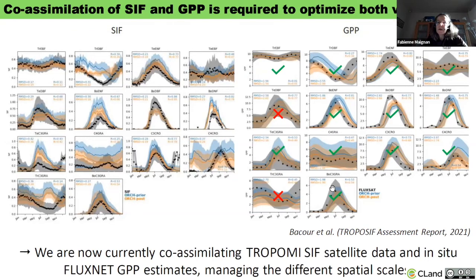We now only have a degradation on GPP for 2 of the PFTs, and we have a nice GPP, and it's not degrading the SIF performances. So what we are now doing, in fact, is assimilating SIF satellite data with in situ FluxNet GPP estimates, because they have a lower uncertainty than the gridded large-scale GPP reference product.